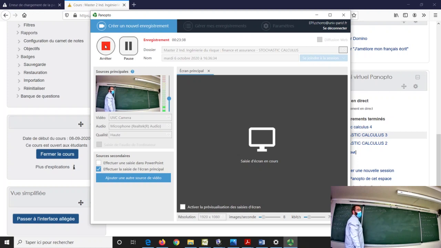And I say that in this situation, the expectation of MT4 minus MT3 times MT2 minus MT1 is equal to 0.